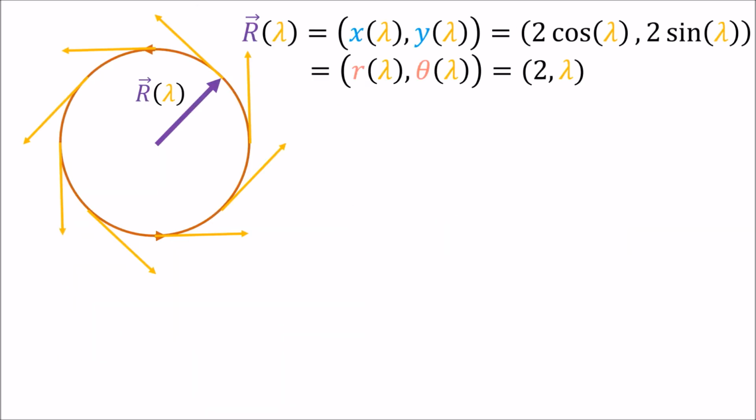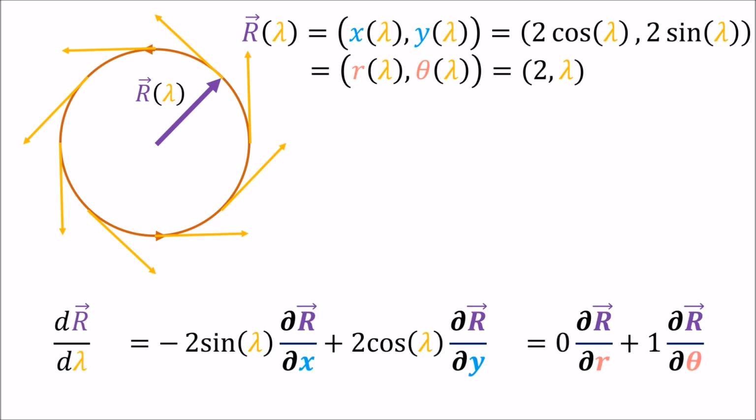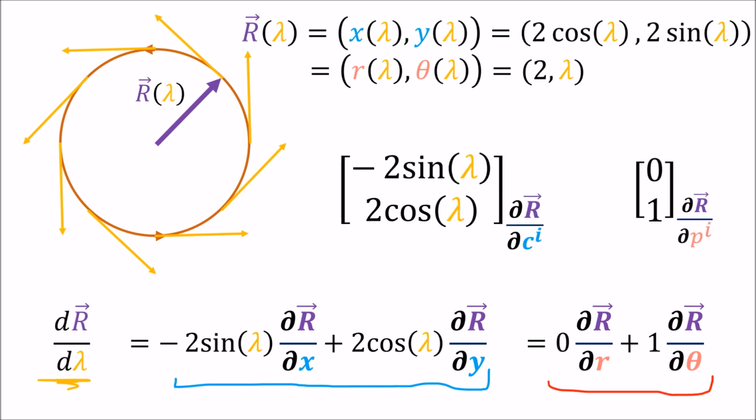So we found for this circle curve here, we can parameterize it in Cartesian coordinates or in polar coordinates, it doesn't matter which. And for the vector field of tangent vectors, which is given by dr by d lambda, we can use the chain rule to either expand it out in terms of the Cartesian basis or the polar basis. And in each basis, we get different components for the vector field.